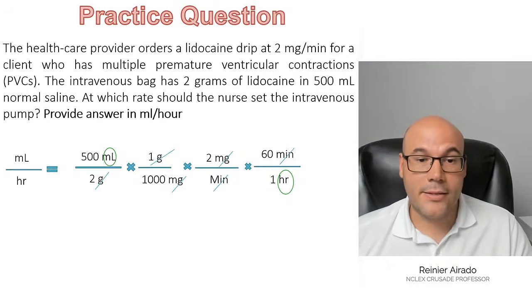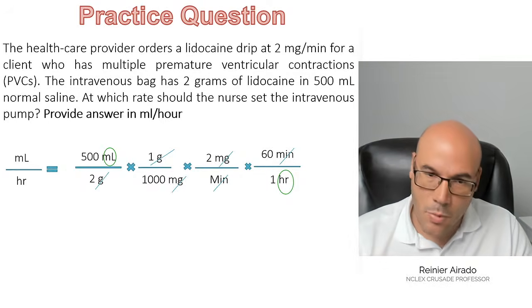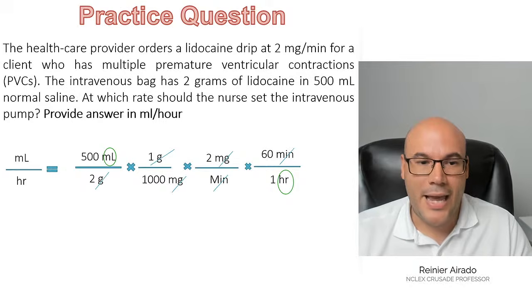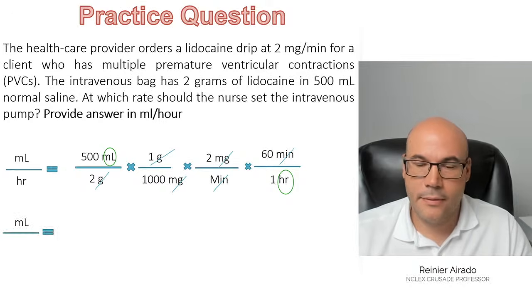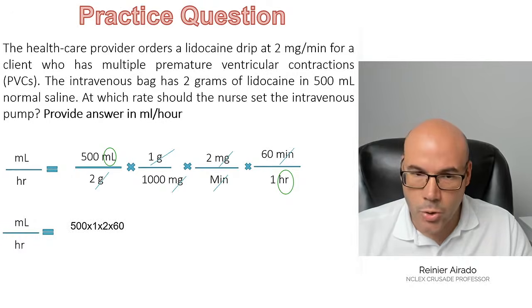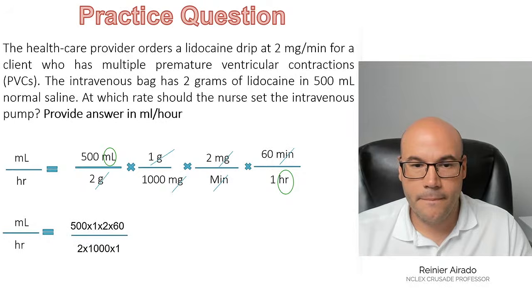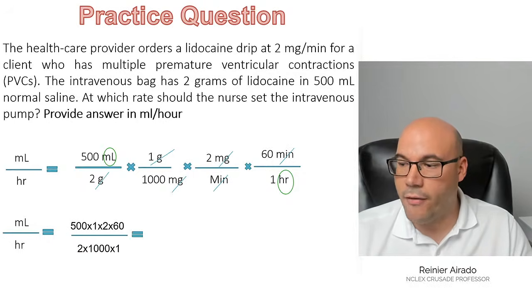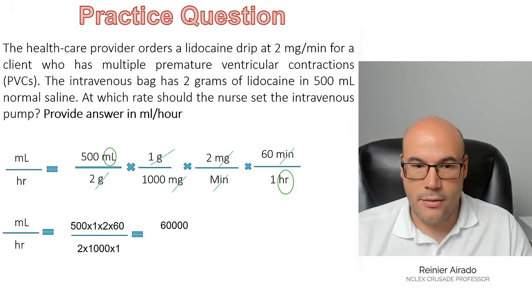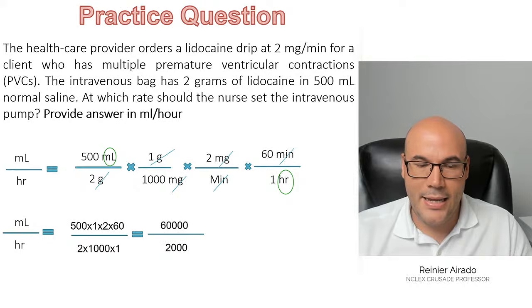What am I going to do next? I'm going to multiply 500 times 1 times 2 times 60. And I will multiply 2 times 1,000 times 1. If we do this multiplication, we have 60,000 in the numerator and 2,000 in the denominator.